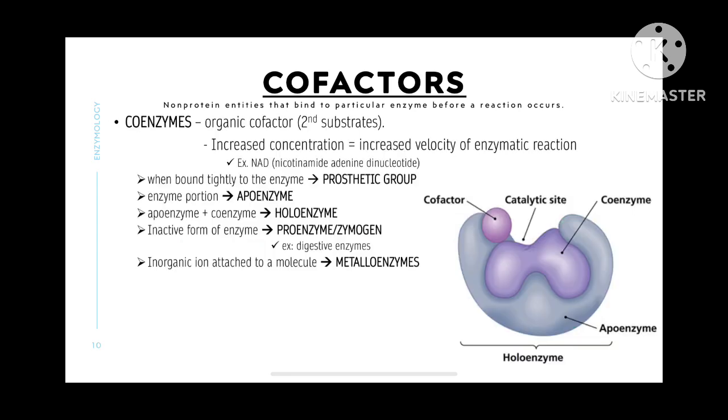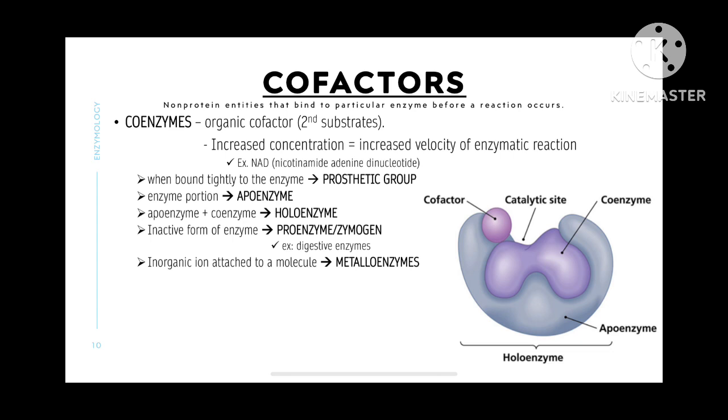Some common coenzymes or organic cofactors, remember class that activators are inorganic cofactors, while the coenzymes are organic cofactors. These are nucleotide phosphates and vitamins. Coenzymes serve as second substrates for enzymatic reactions.